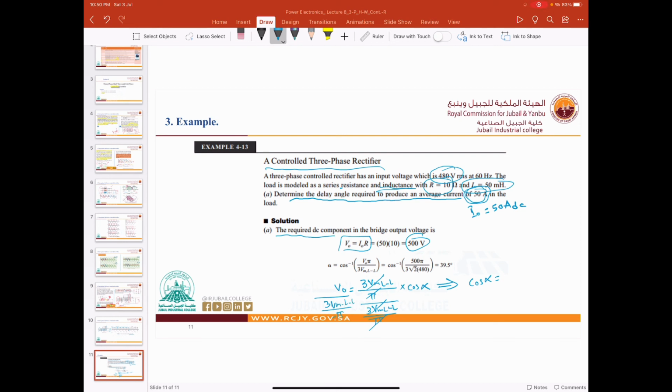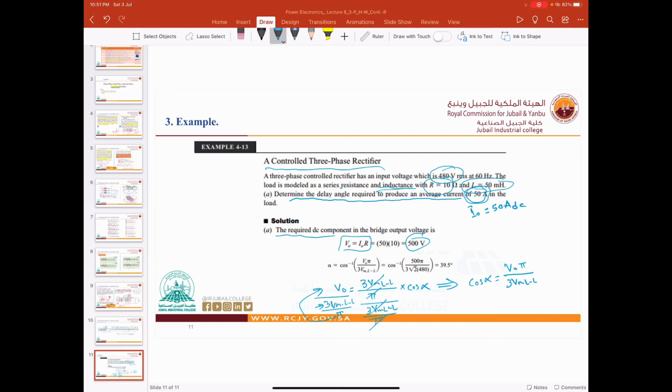So it will be cosine alpha equal to V out pi divided by 3 V maximum line to line, right?